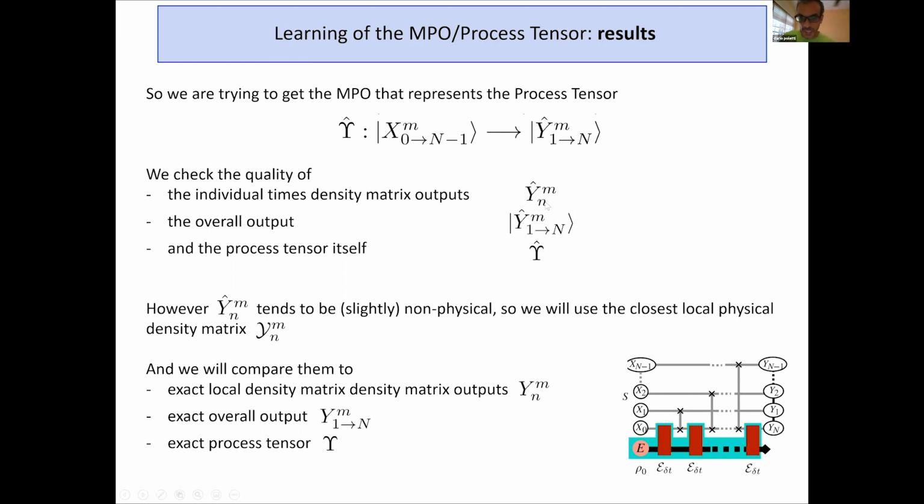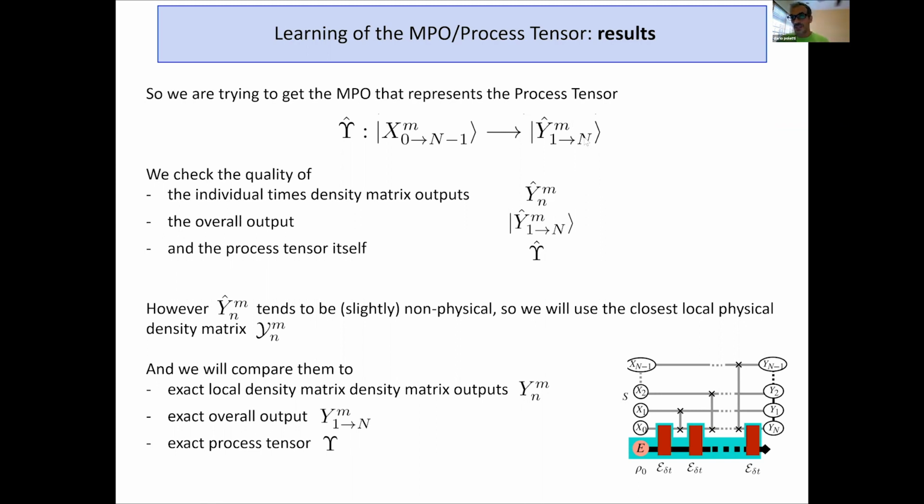And if I look at only n, it means that if I look at the circuit model here, I'm looking, for example, only at one particular, like y2 or y1, okay? So this is one thing we look at. Then we look at the overall output, of course, and then we also try to look at the overall process tensor, okay? We know what the process tensor is because we produce it. And so we can see whether we train well, and when we train, we learn well the process tensor.